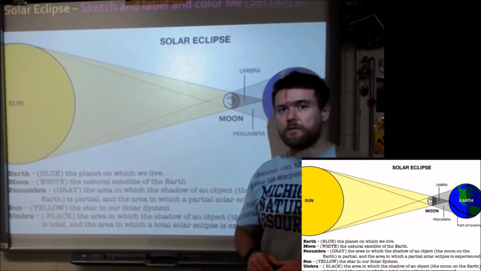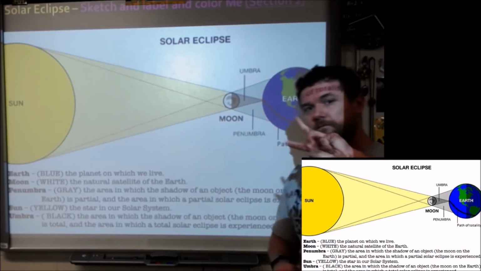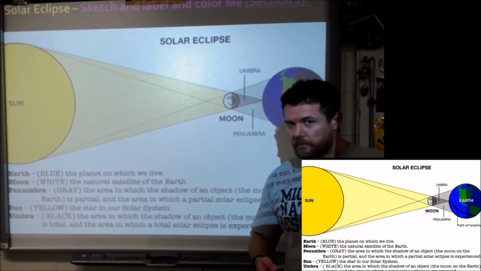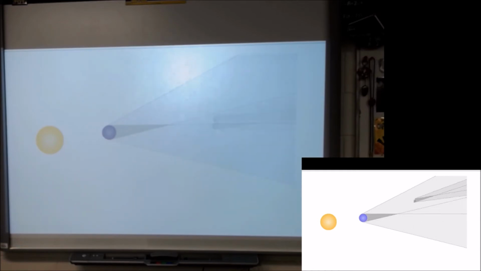I would like you guys to sketch a solar eclipse for section 2 in your science term. I want you to label all of the different parts. This is a fun little thing that I can play around with. And you can move the Earth, you can move the moon however you would like. It doesn't have to stay in an orbit.